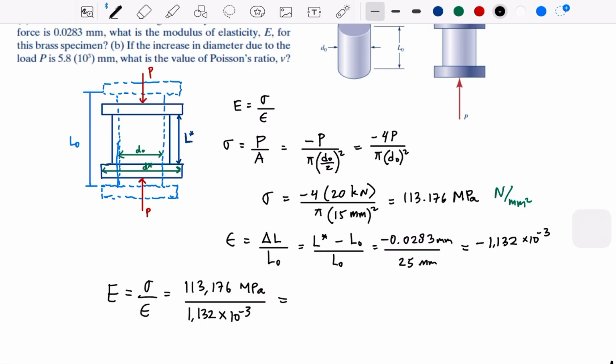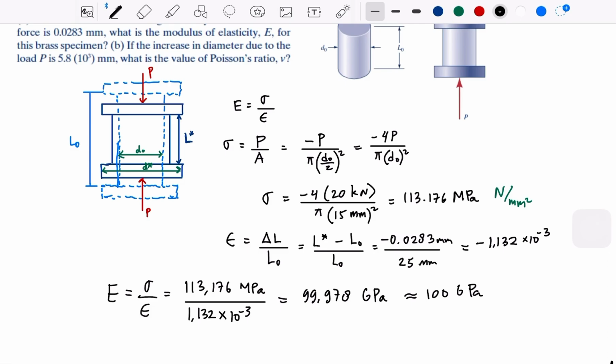So it's 99,000 MPa or 99.978 GPa. Okay. Well, I think it can be rounded to be 100. Okay, I think still okay.